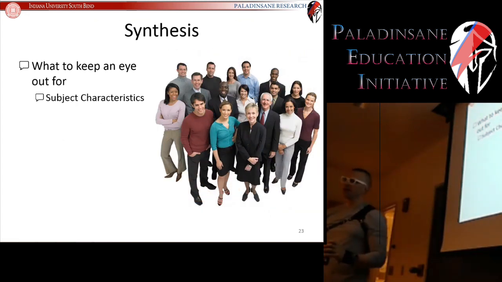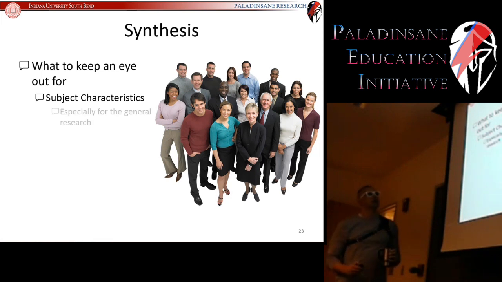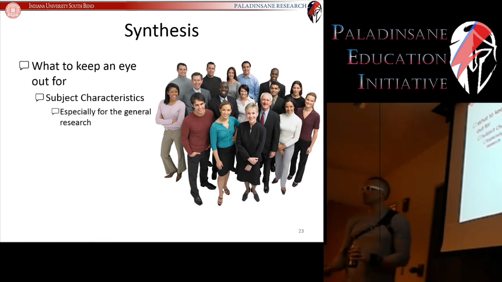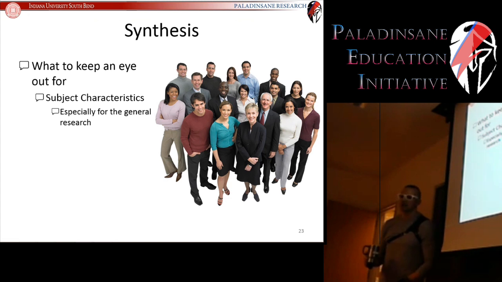And very importantly, look at subject characteristics, especially for that general research. One of the things that is oftentimes brought up in terms of psychology experiments is that they tend to be limited to subjects that come from what is known as the WEIRD population, and that is an acronym, WEIRD, for white, educated, industrialized, something.